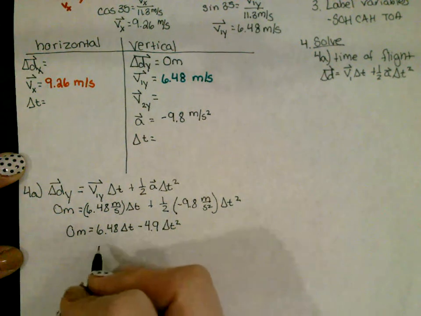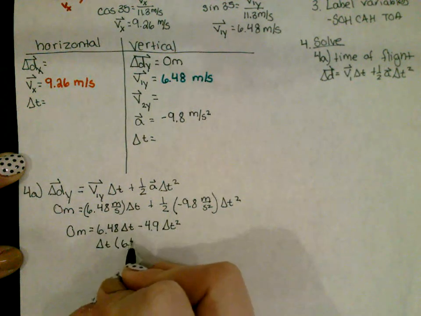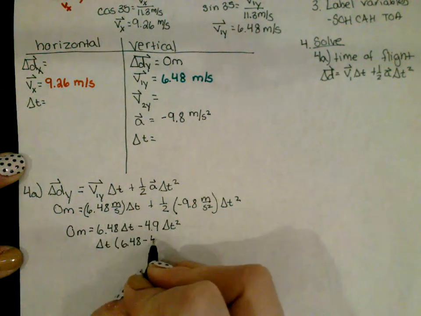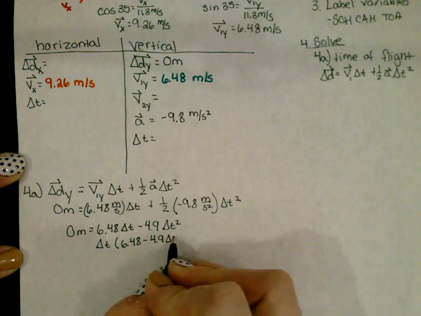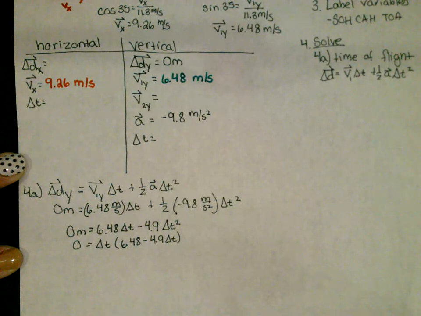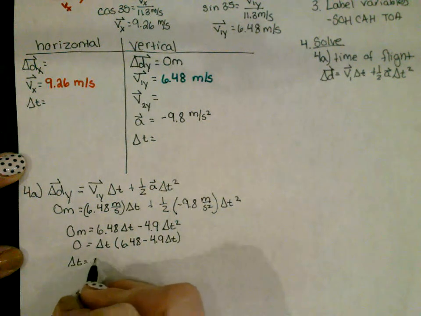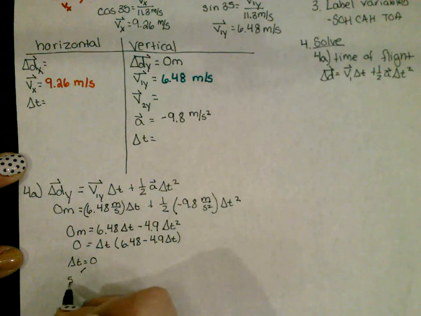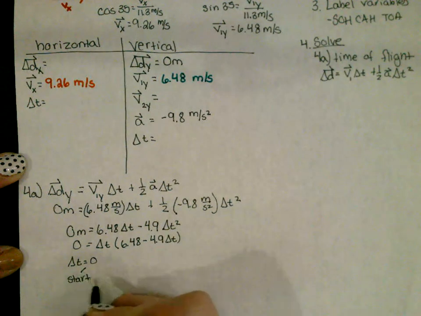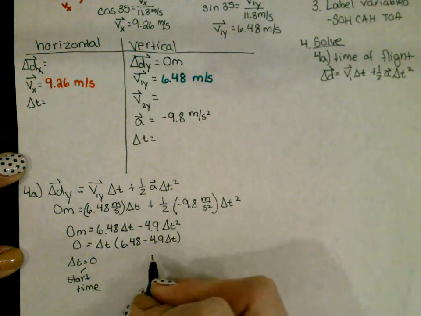I'm going to factor out a change in time. And I'm going to set each of my factors equal to 0. So change in time is equal to 0. That is going to be my start time. It started at 0.